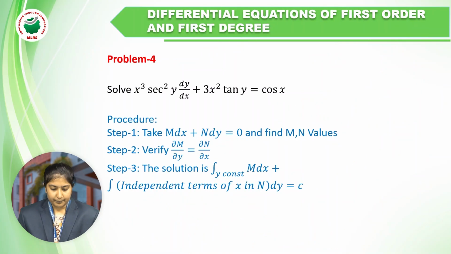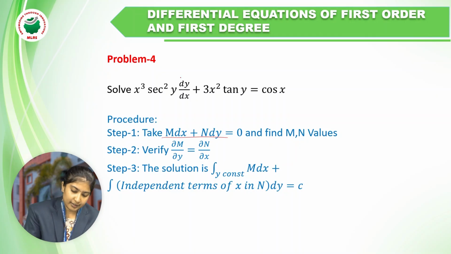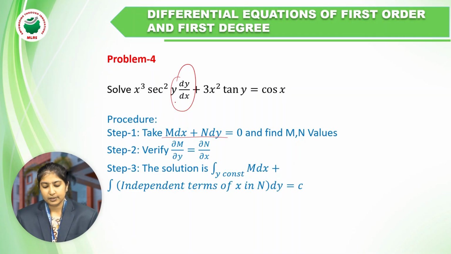Proceeding with the fourth problem. Here also we are doing the same process. You should always remember that whatever the problem is, we are almost following the same solution. First we are finding out M dx plus N dy, where M and N are real valued functions. It is mandatory that it should not be in this form. If it is in this form, what should we do? We should perform cross multiplication so that we can get the equation in terms of M dx plus N dy equal to 0.